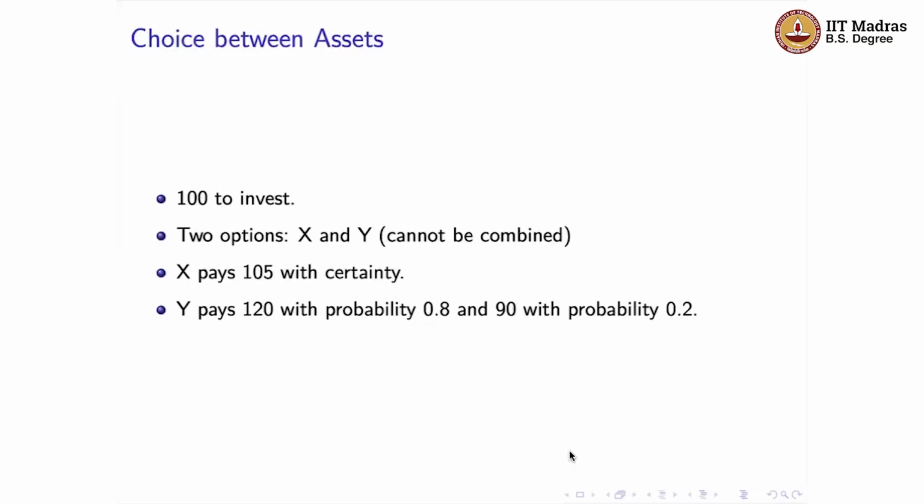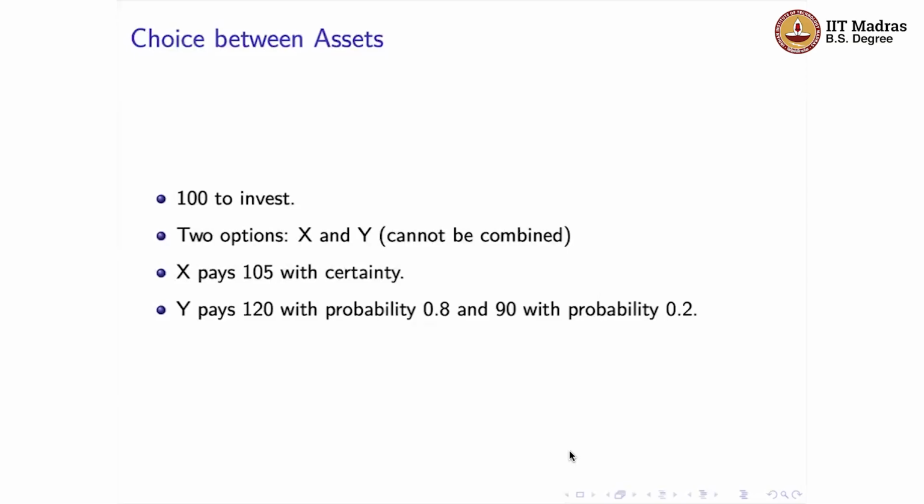So if you invest 100 units of money in asset Y, it's either going to pay off 120, which will happen with probability 0.8, or it will pay off 90, which will happen with probability 0.2. So these are the two characteristics of the assets that we have. And on the basis of this, what do we know about the expected rate of return and the standard deviations?